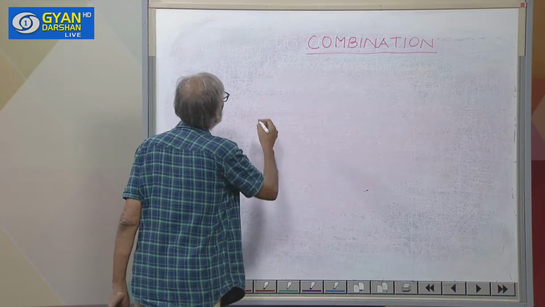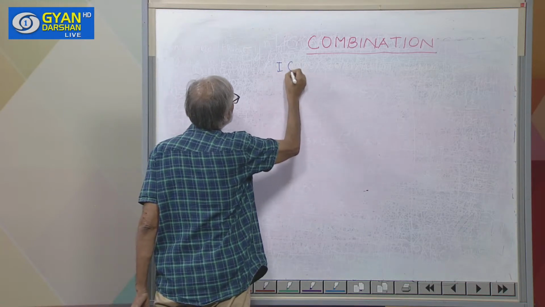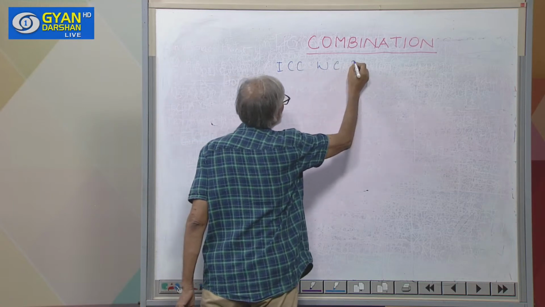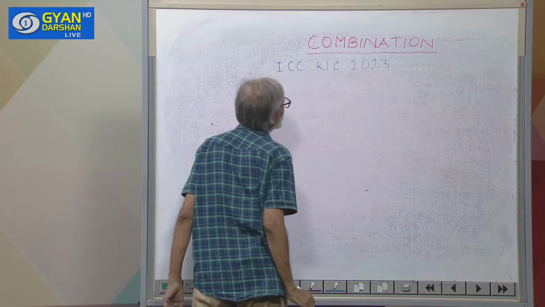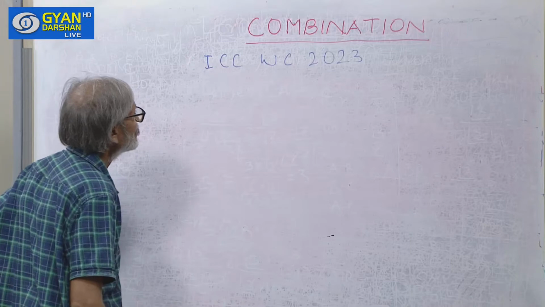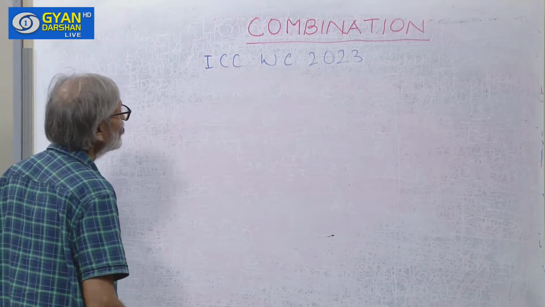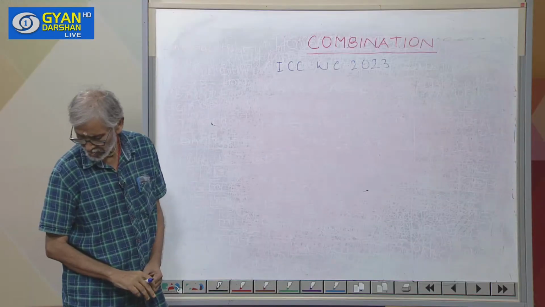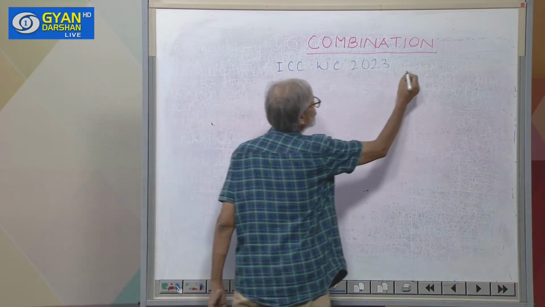Let us take the example of ICC World Cup 2023. It is going to be played in October and November. I think it is 5th October to 19th November.